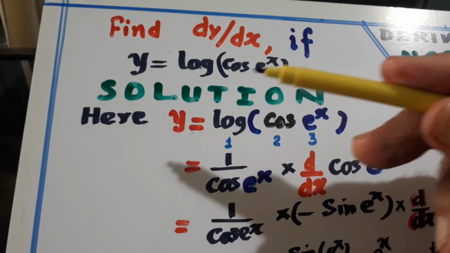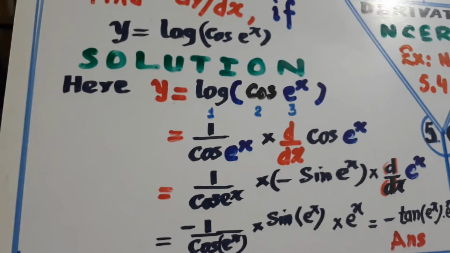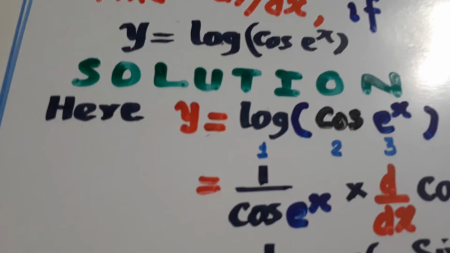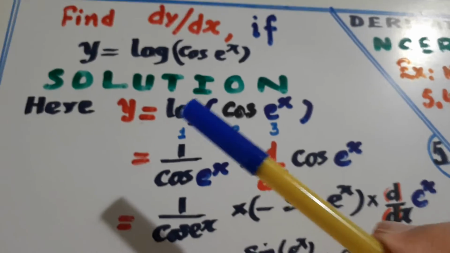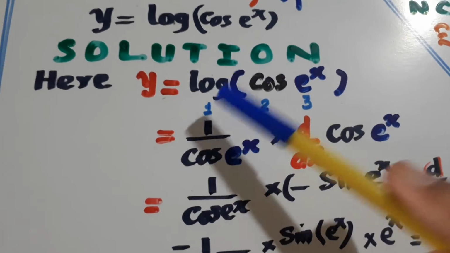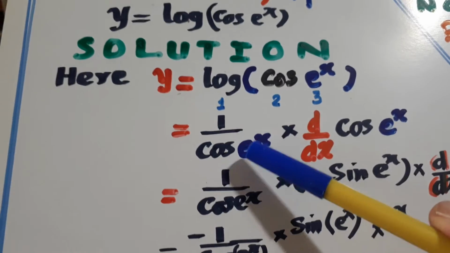If y is equal to log of cos e raised power x, the solution is: first of all, whenever you have to find the derivative of log of something, you have to say log fire 1 over fire, 1 over cos e raised power x.